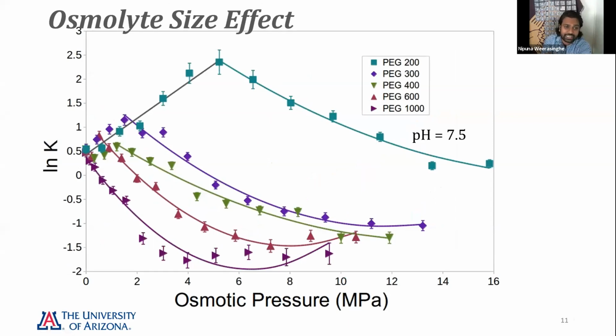And what we initially saw is an increase in equilibrium constant with increase in osmotic pressure, especially you can see it with the PEG 200.